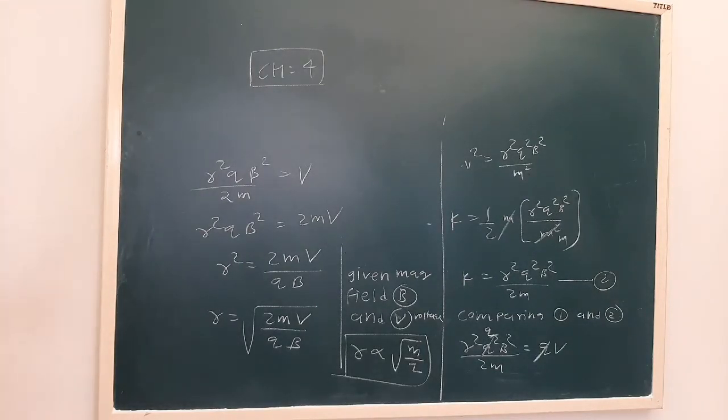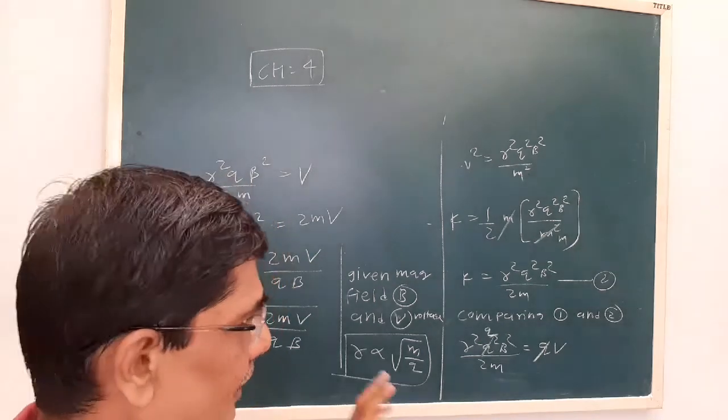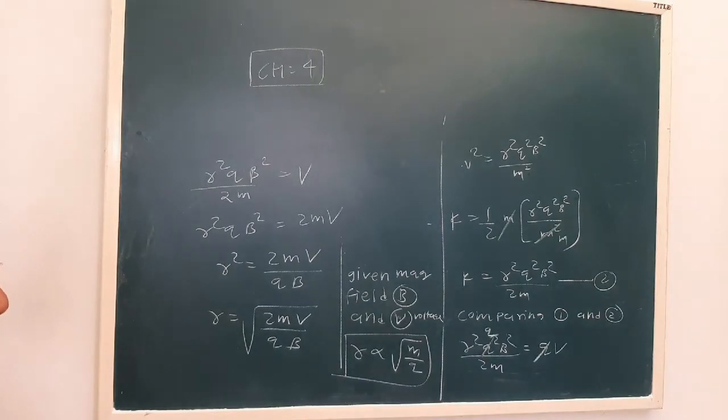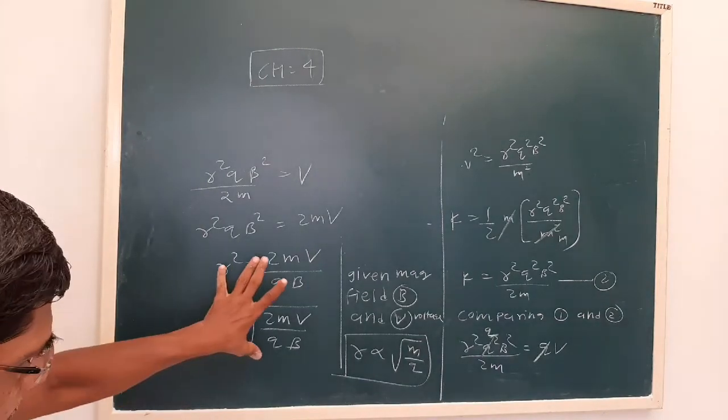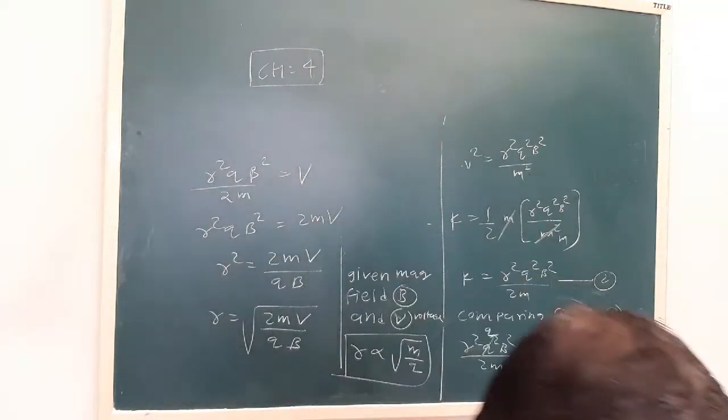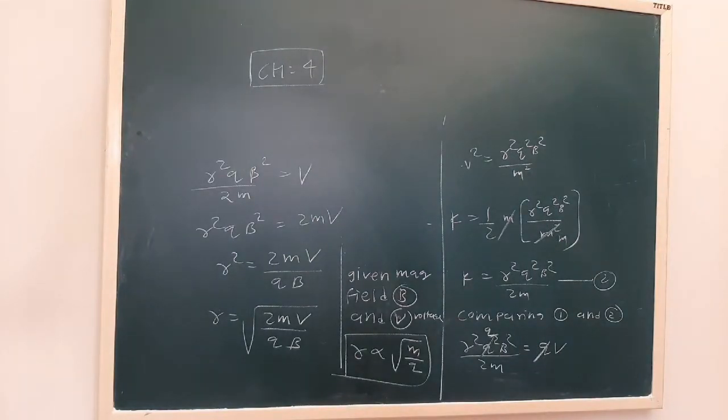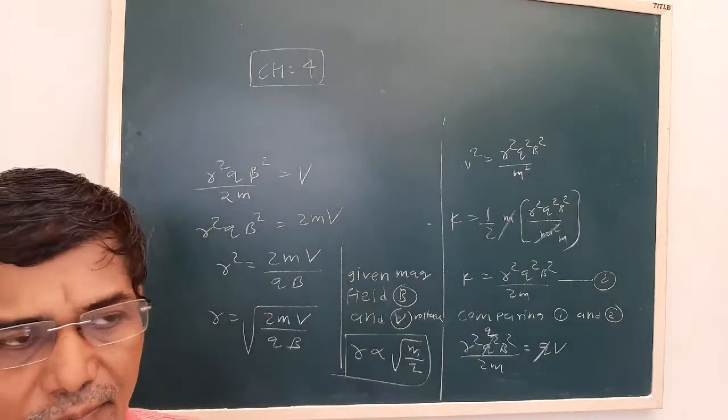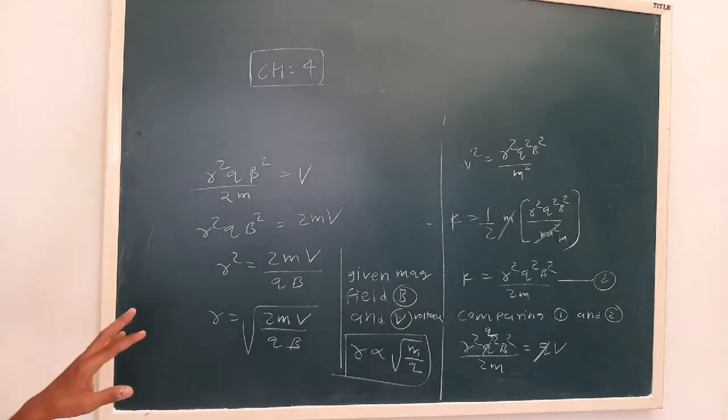In that case, see the relation between radius, charge and the mass can be obtained like this. Okay, so this part is not given in the textbook, but see this is important for the MCQ and numerical.